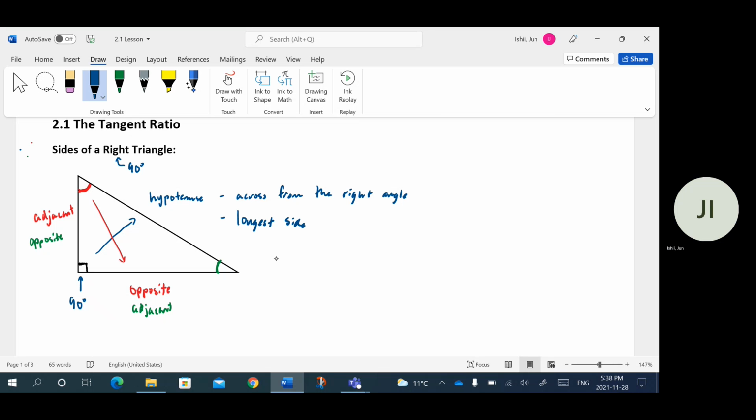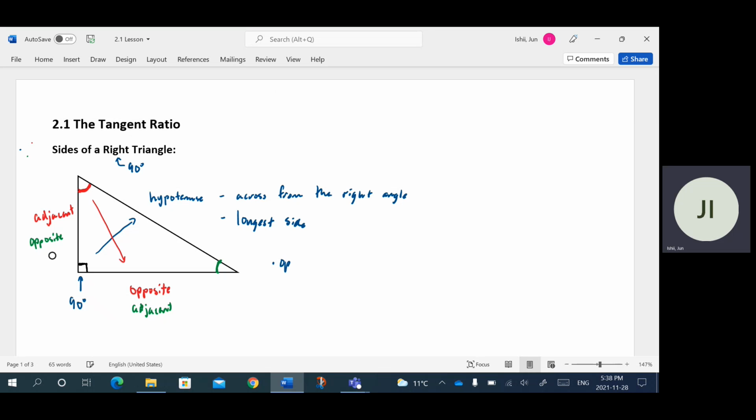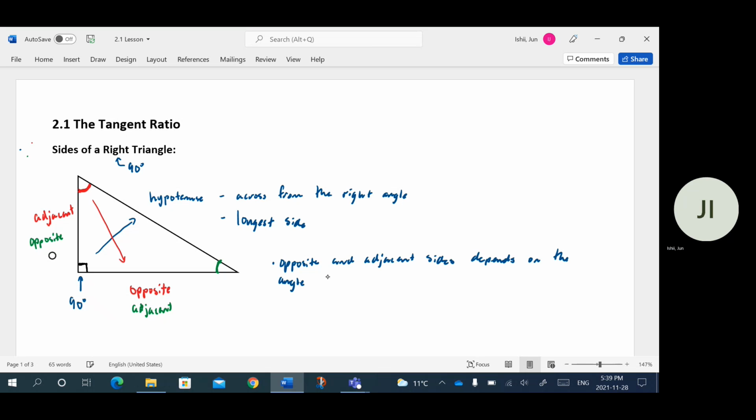So the opposite and adjacent sides depend on the angle that you are working with.